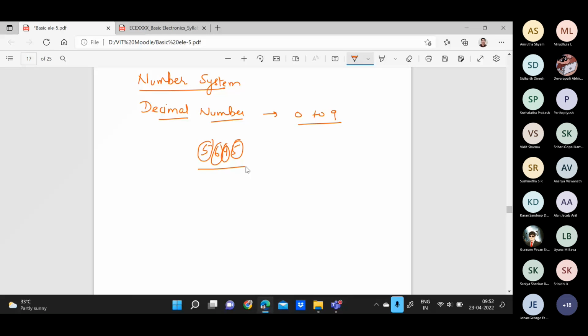All are combinations of the 10 digits from 0 to 9. So you can represent any number by combining these 10 decimal digits.